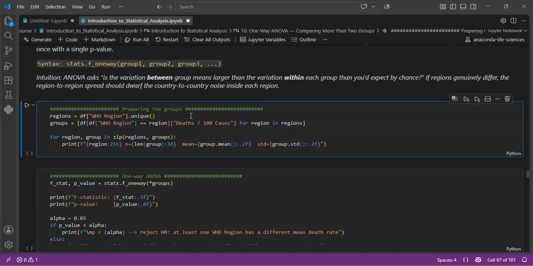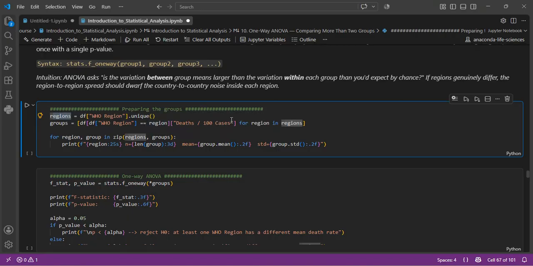Okay, so let's look at this code implementation. It's actually a list, right? So it's kind of a list comprehension. This particular code is saying that the WHO region equals region, whereby the region over here is assigned to each of the unique regions.